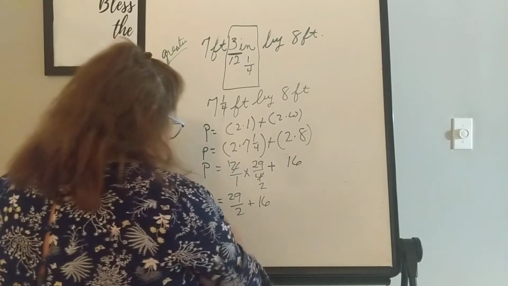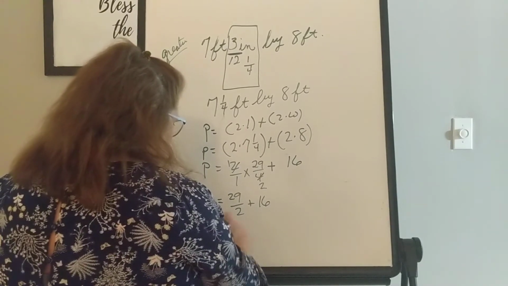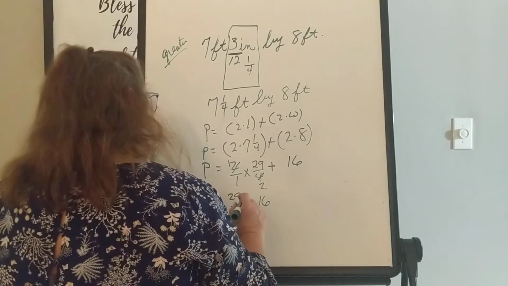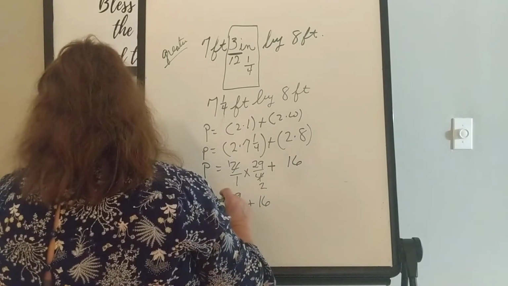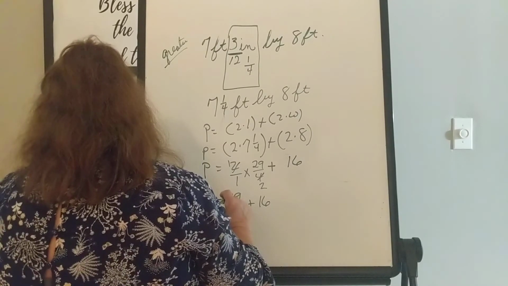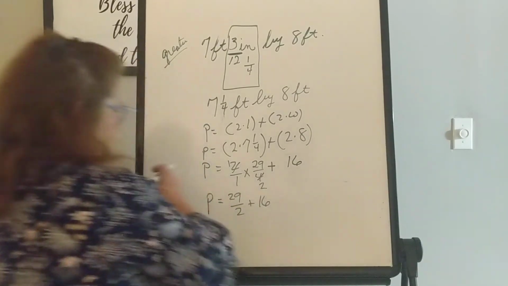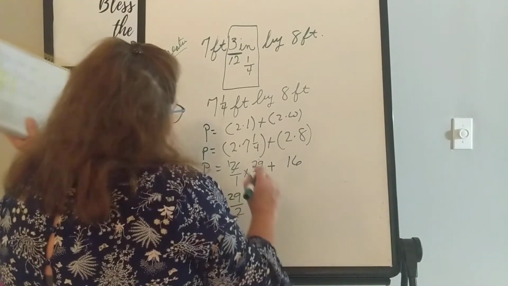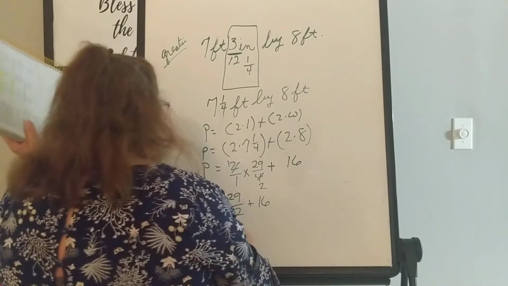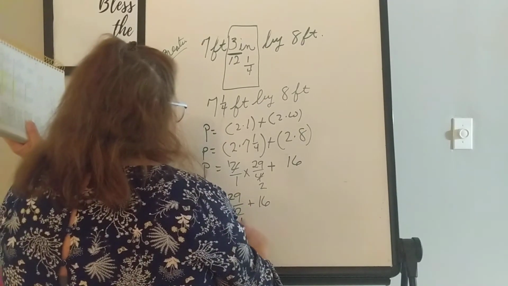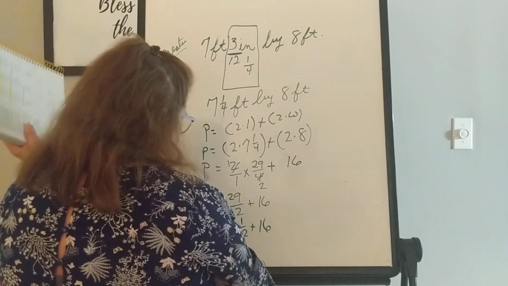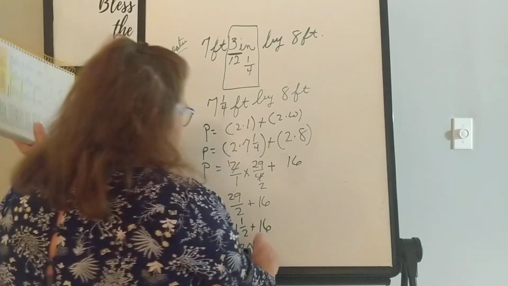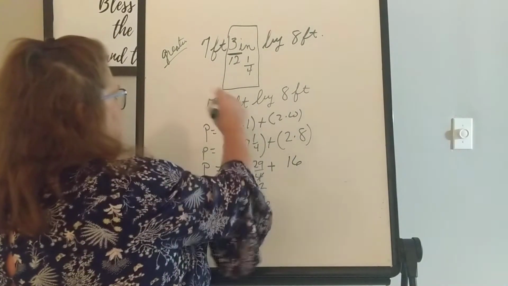So our 29 over 2 we have to turn into an improper or a mixed number. 29 over 2 becomes 2 will go into 29 14 times. 14 1/2 plus 16. So perimeter equals 14 and 16 is 30. 30 1/2, and our unit of measure is feet.